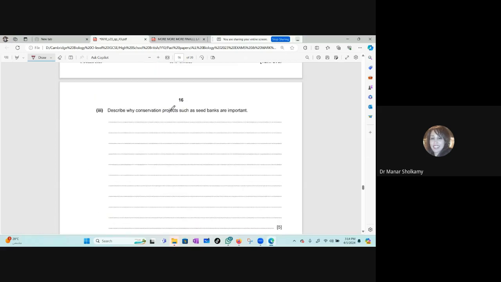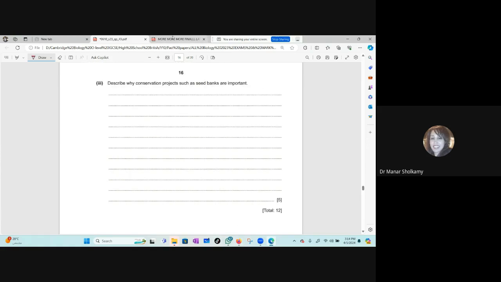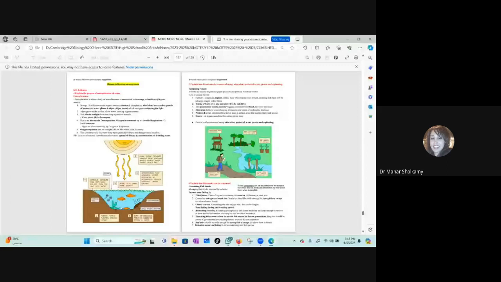Describe why conservation projects such as seed banks are important. Now, this is ecology. Why is conserving anything that is close to extinction important? To maintain the balance of ecosystems and to increase the variation. You said to maintain variation.